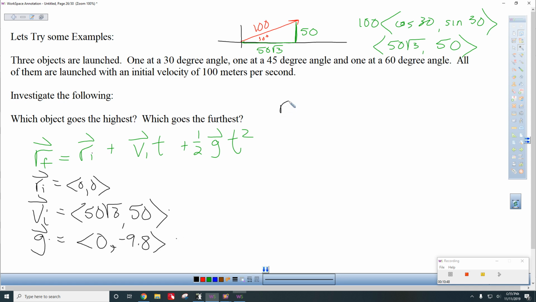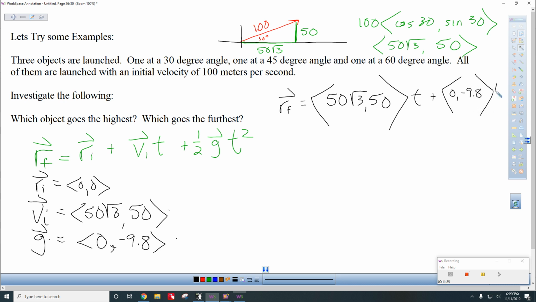So our position function, which is a vector valued function, will be this: 50 radical 3, 50 times t, and then plus 0, negative 9.8 times 1/2 t squared. Okay?